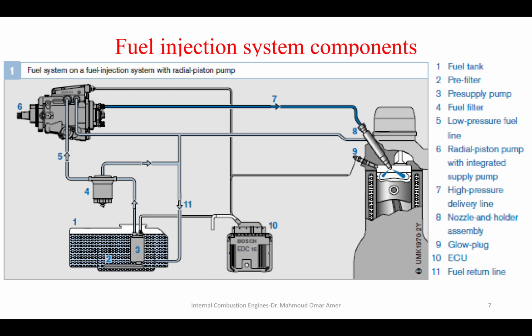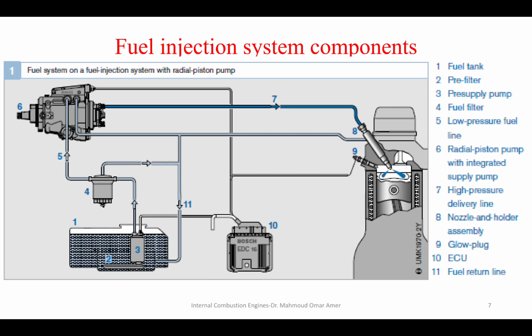So, for this schematic, you have the fuel tank, and you have a filter, a coarse filter inside the tank. You have the low pressure pump, which is the supply pump. It supplies the pressure, passes by the filter to the high pressure pump.